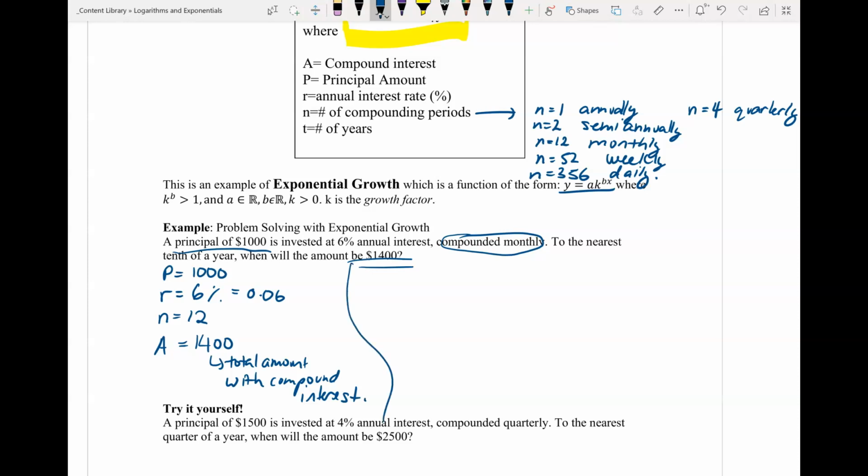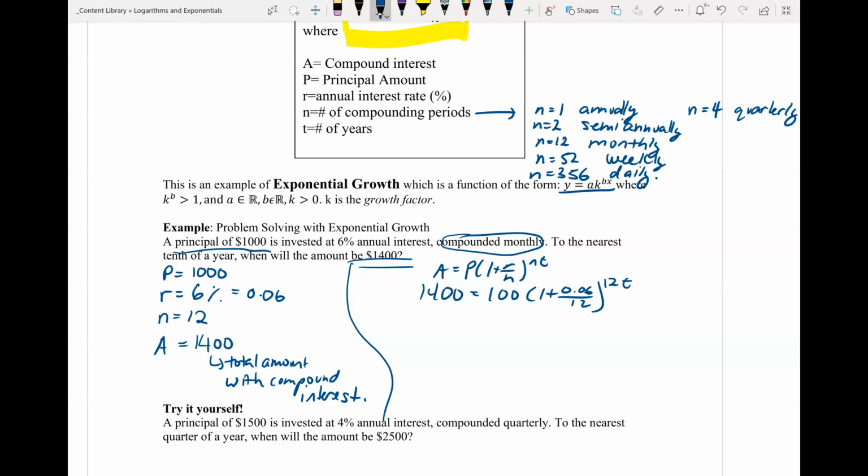All right. So this is our formula, and I'm going to go ahead and put all of our information in. And we're looking for the year, which is T. So A is 1,400, P is 1,000, R is 0.06, N is 12, and then our power is 12T.